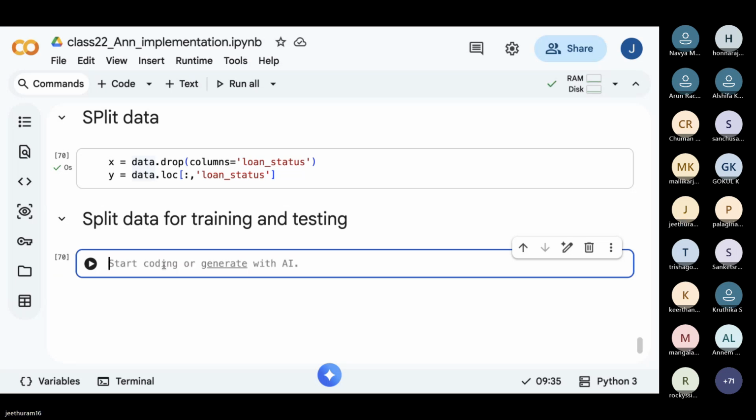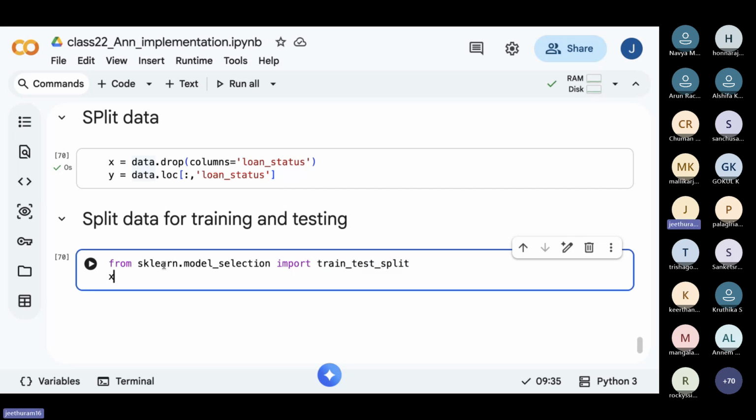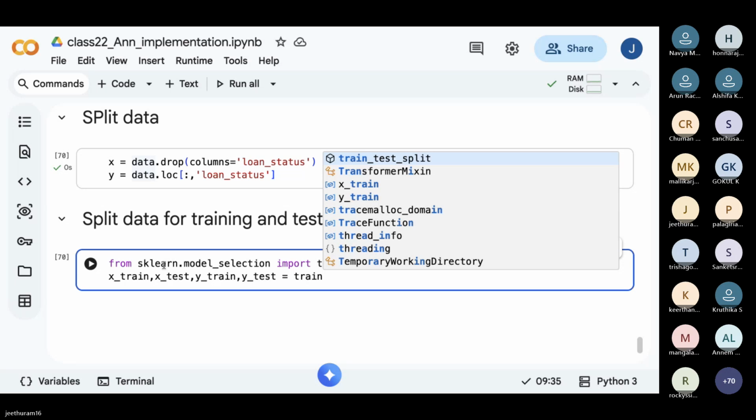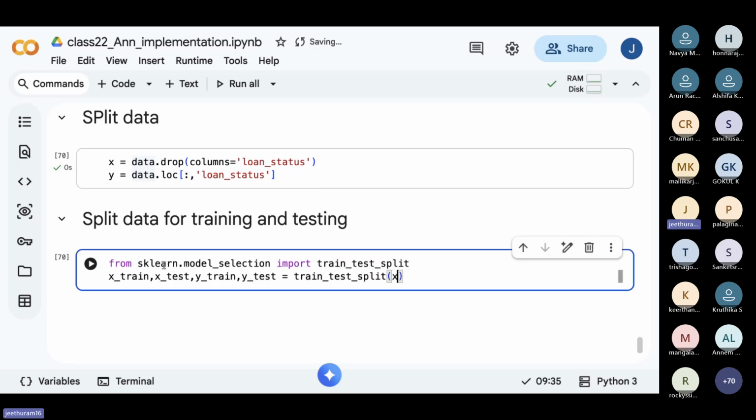Simple. I'll be using from sklearn.model_selection, let's just import train_test_split. And then it's going to produce four things: X_train, X_test, y_train, y_test, which is equal to calling train_test_split on your X and y.